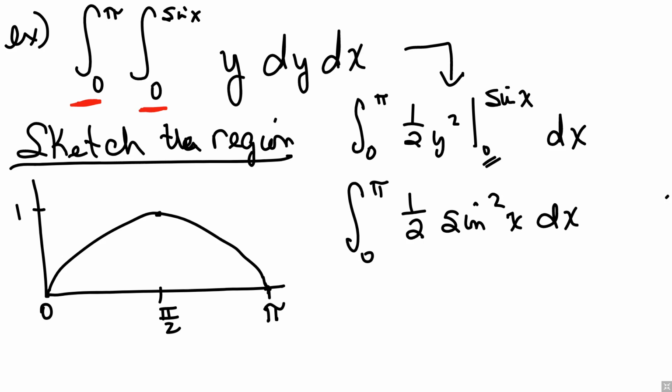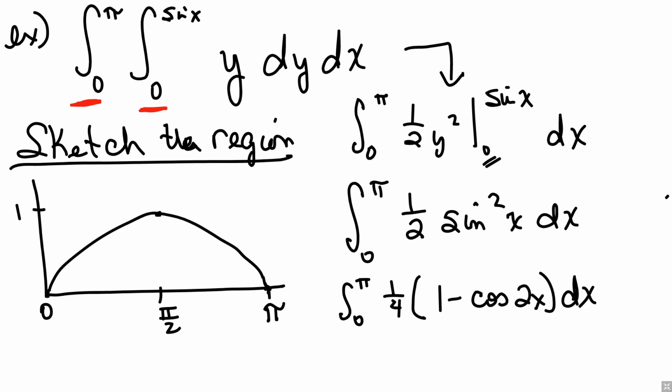In order to integrate this, we're going to use our power reduction identity. When we do the transformation, we end up with the integral from 0 to pi of 1/4 times 1 minus the cosine of 2x dx. Now we're ready to integrate.